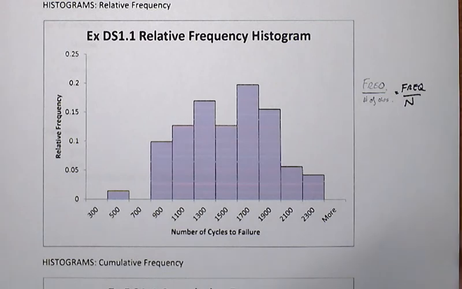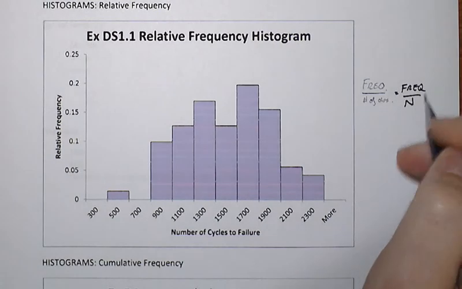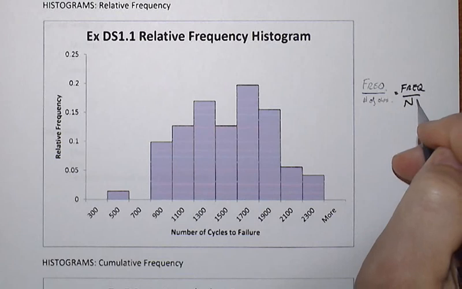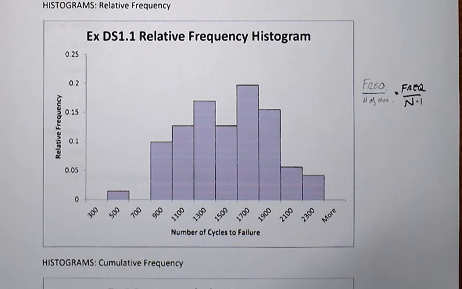On the other hand, other people will not use n, but will actually use n plus 1. They do that because they recognize that this is a subset of the overall population, in this case the population of fatigue testing on these aluminum test coupons. They haven't exhaustively done all possible aluminum coupons that could be produced ever.